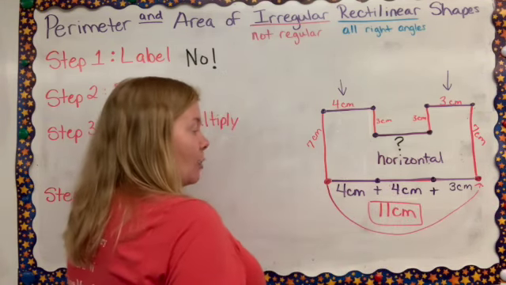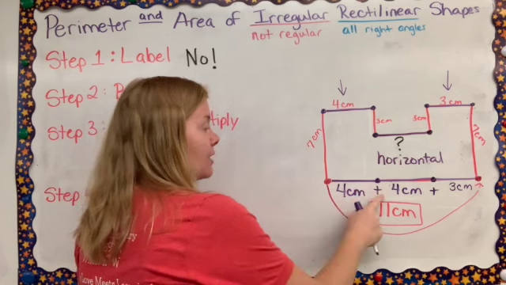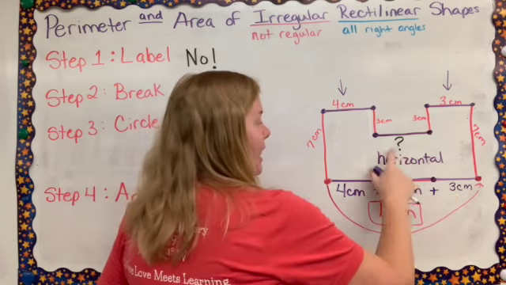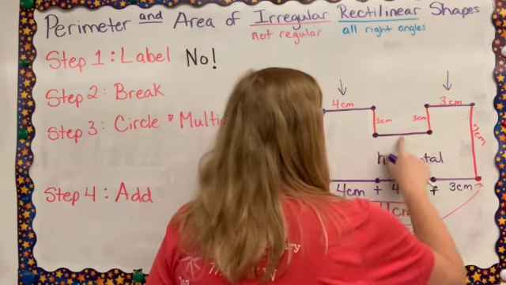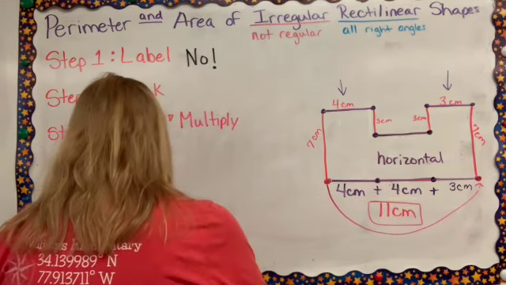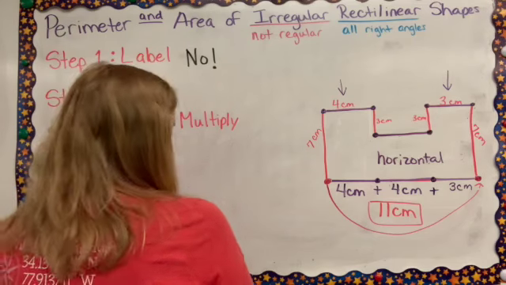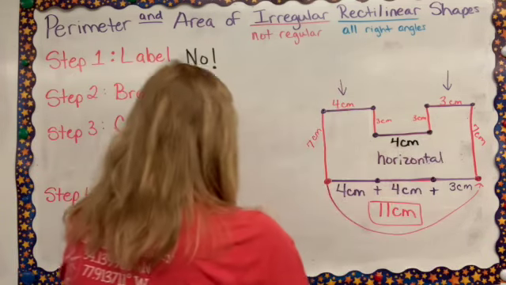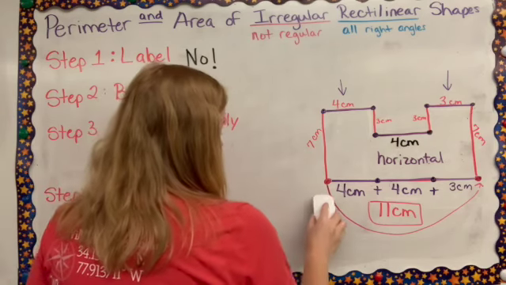Let me check one more time. 4 plus 4 is 8. Plus 3 is 11. So it looks like my missing side is 4 centimeters. Perfect. All right, let me get some of this stuff off of here so that it's not confusing.